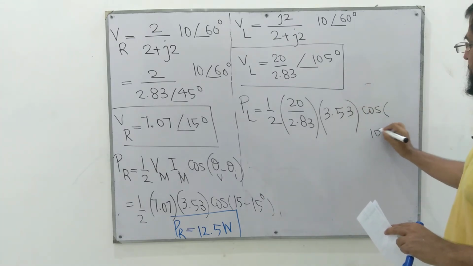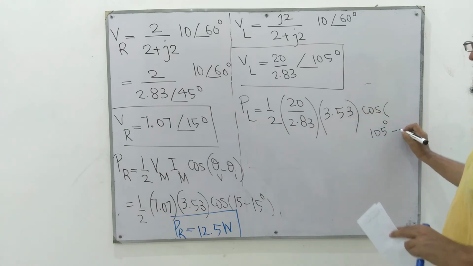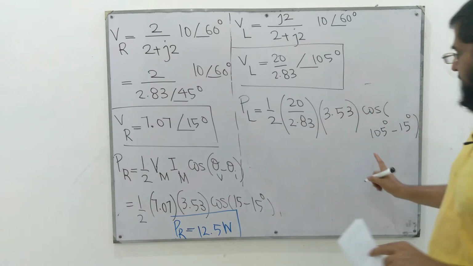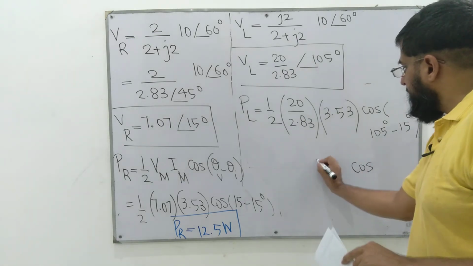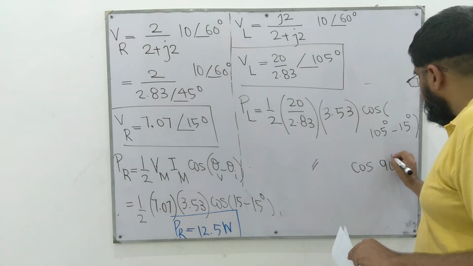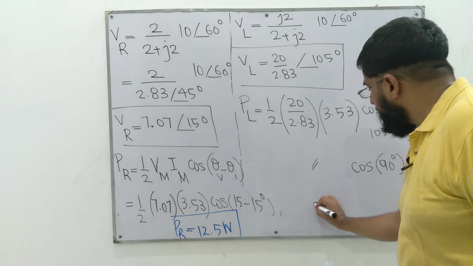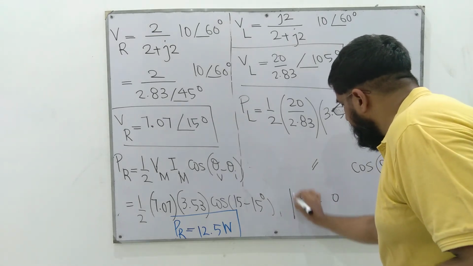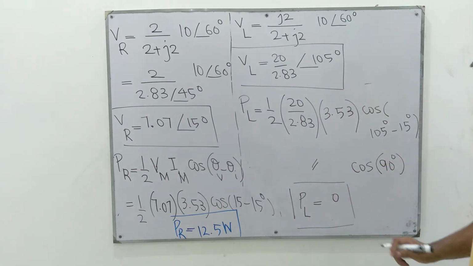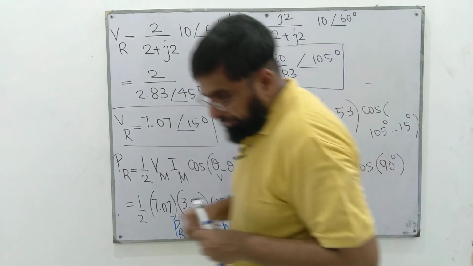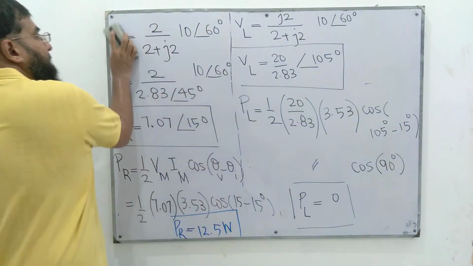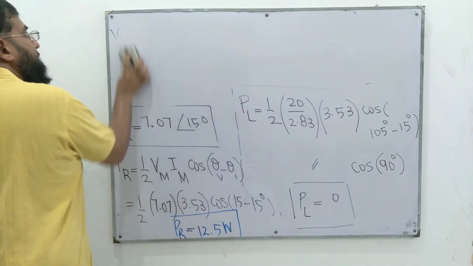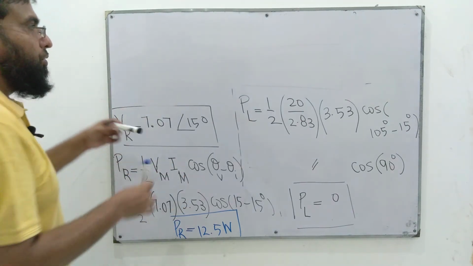The angle is 105 minus the angle of current, 15. So 105 minus 15 is cos of 90, and we know cos of 90 is 0. So the power dissipated in the inductor is 0, and you should not be amazed because the active power dissipated in inductors and capacitors is always 0.